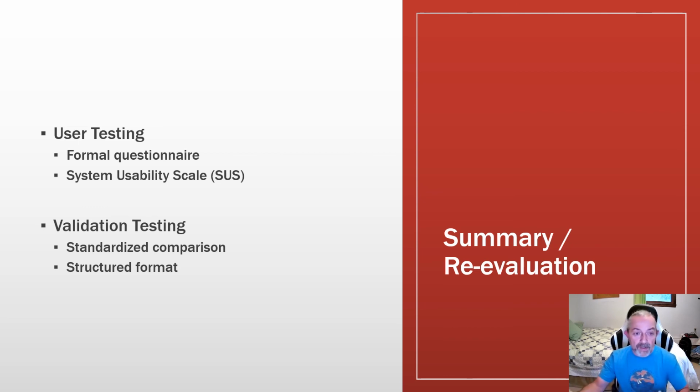And so the text laid out this whole system of user testing, which is a formal questionnaire, the one they said was an industry standard, the system usability scale, that made it so that the user would have an independent input without the designer being involved to set a bias on the situation. And then also using a validation test to show that there's retention and a working system in place through a standardized comparison in a structured format.